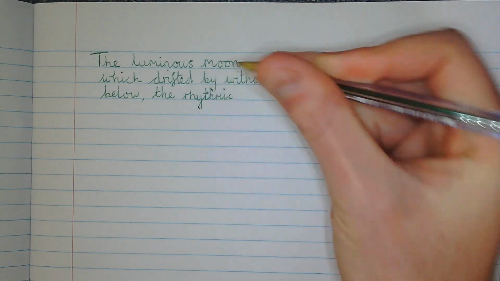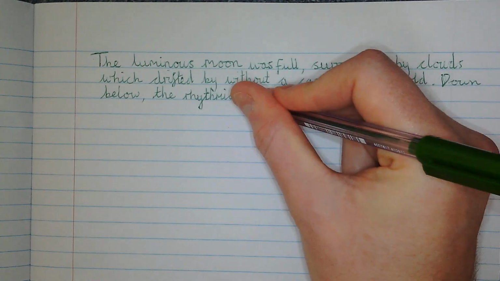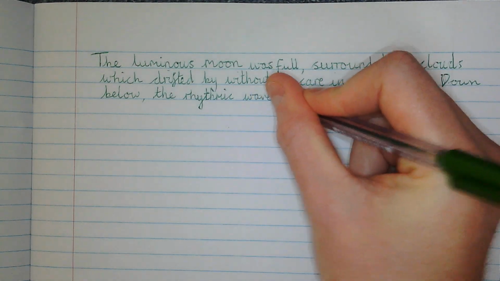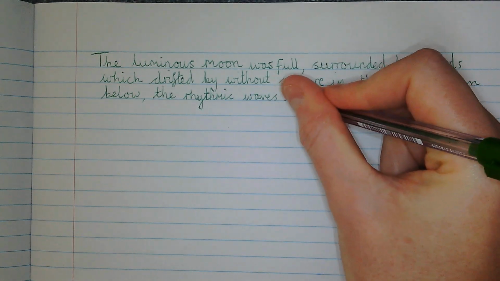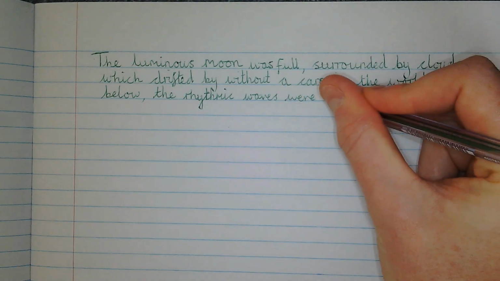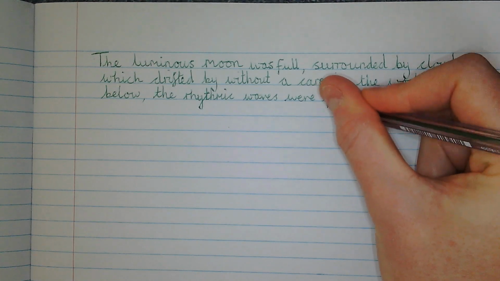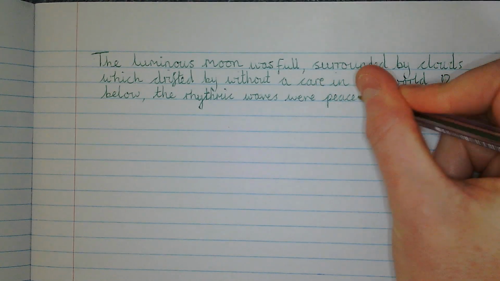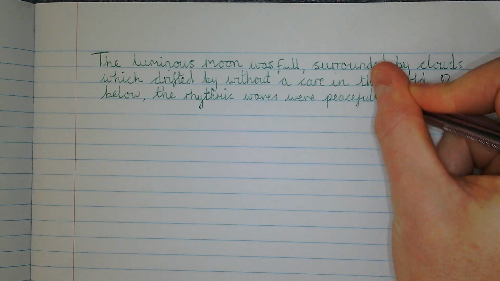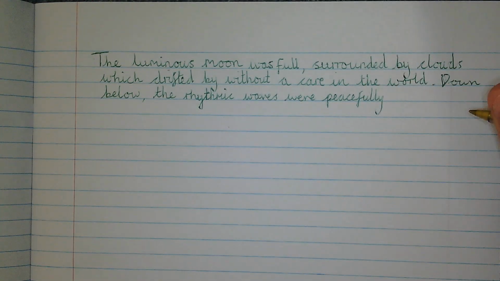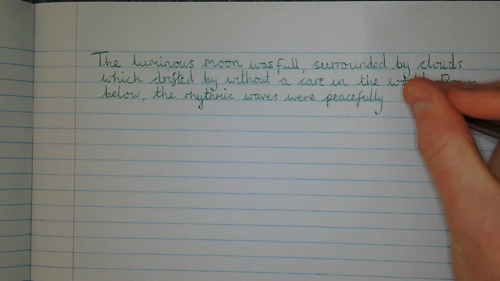R-H-Y-T-H-M-I-C. So the rhythmic waves were quite peaceful in my opinion, so I'm going to go for peacefully. Of course, if you don't want to use peacefully, you can decide how you want the waves to seem. It could be quite stormy, it's up to you.